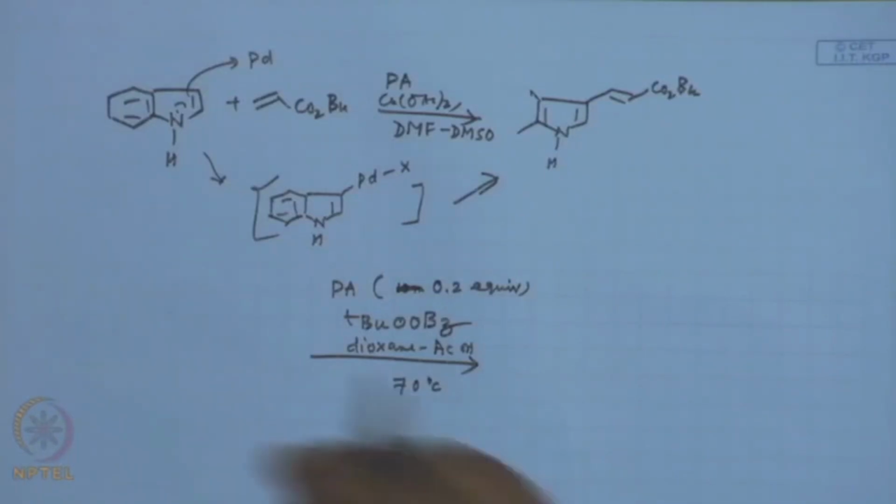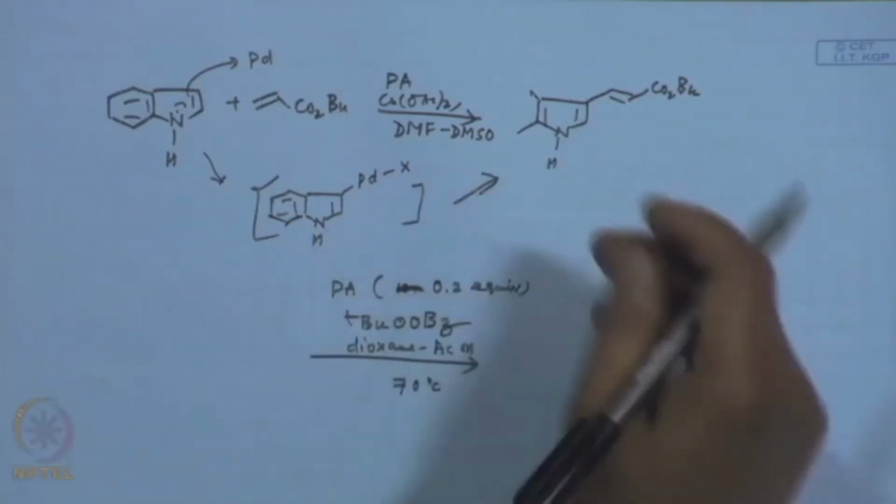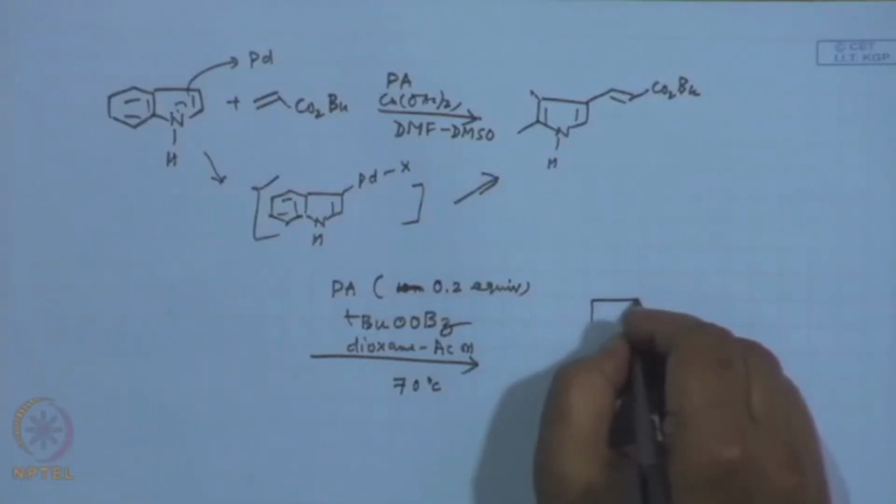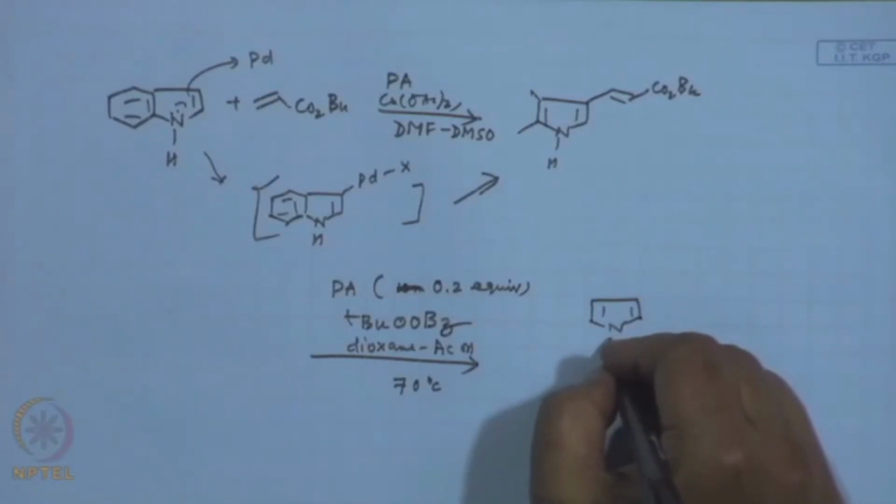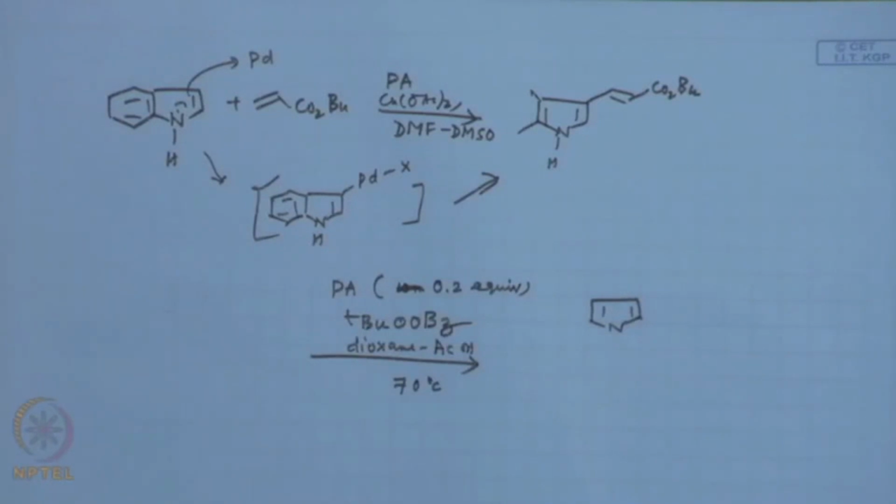Okay, the expectation is, just by changing this, I think in this case nitrogen is protected though, right? They do not say anything about R1.